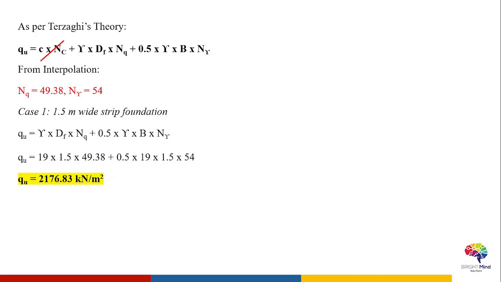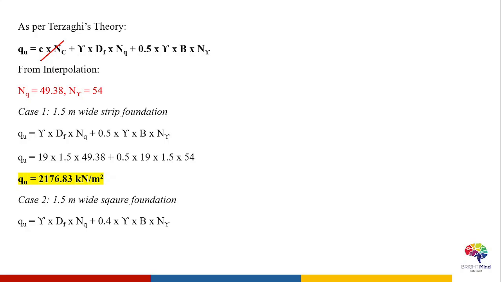Now we'll consider case number 2 in which a 1.5 meter by 1.5 meter wide square footing is constructed over the sandy soil. So the equation will be same, but in the third term, which we called as the wedge term, instead of 0.5, 0.4 must be written because the shape factor is to be considered.